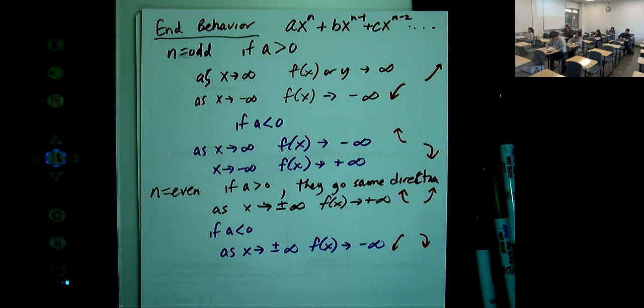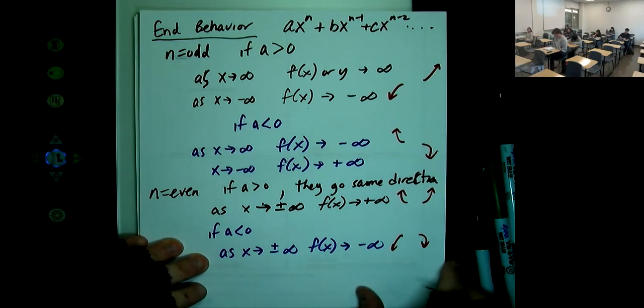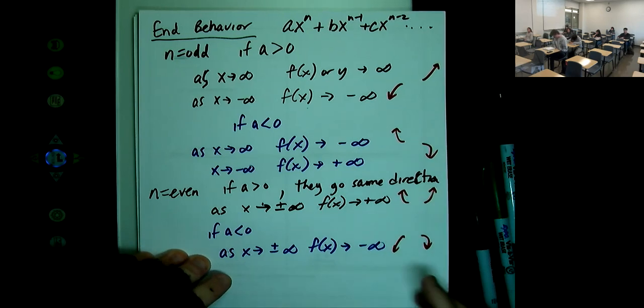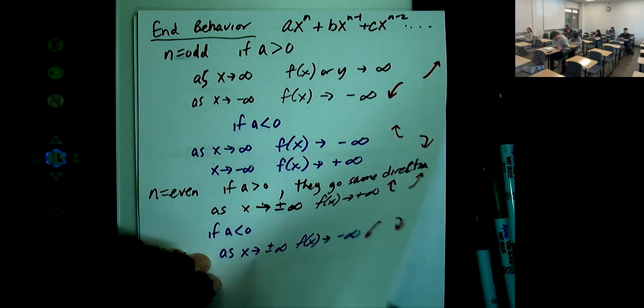You can kind of see when you look at a bunch of them, they're all doing similar things. And I put up 4 different functions, and your job is to tell me what the end behavior is when we do it.